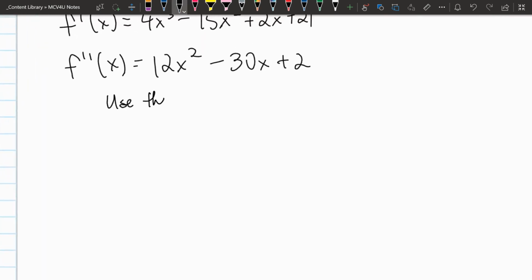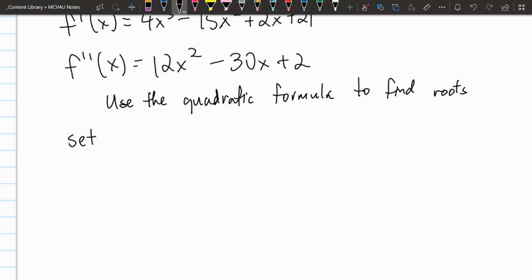to find the roots. Okay, so remember, we're going to set f double prime x equal to 0, because that's the condition we need to help us find some potential critical points. So set f double prime x equal to 0 to find, sorry, not critical points, what did I say?